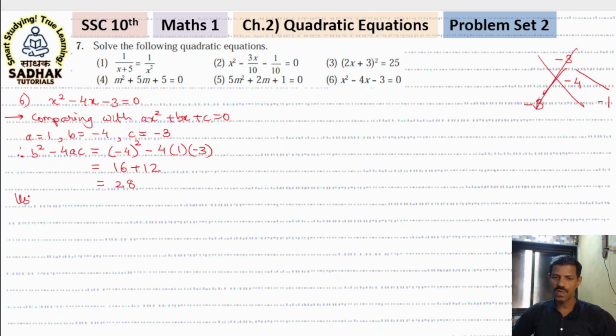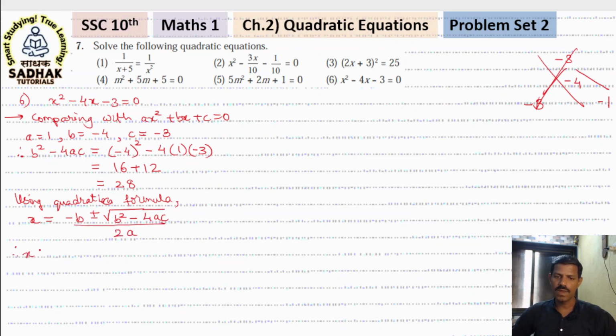Using the quadratic formula, not equation, quadratic formula. The quadratic formula is x is equal to minus b plus or minus square root of b square minus 4ac, the discriminant, upon 2a.